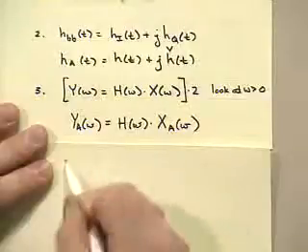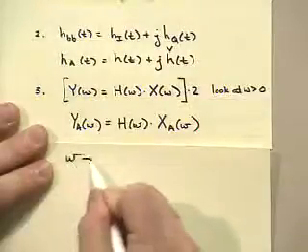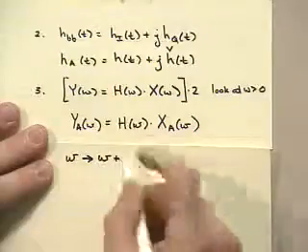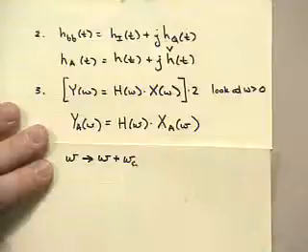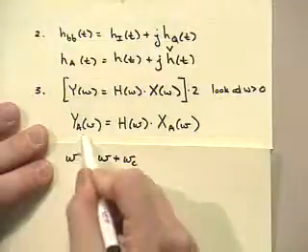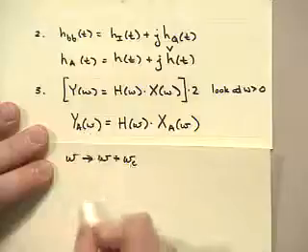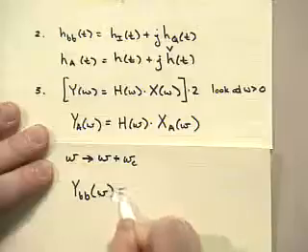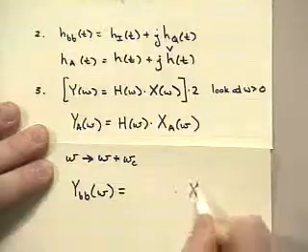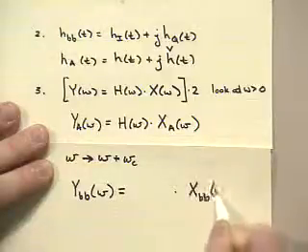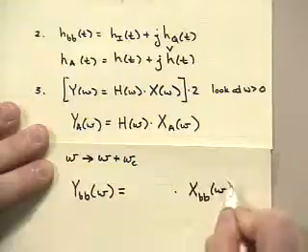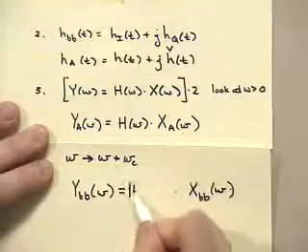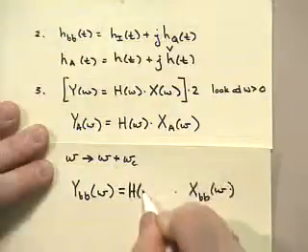And then if I slide that down to baseband, then what I could do is let omega go to omega plus some carrier frequency, omega sub c. And if I do that, what I'll get is Y of omega plus omega c, but that's Y baseband of omega. And the same thing happens on X_a when I put in omega plus omega c.